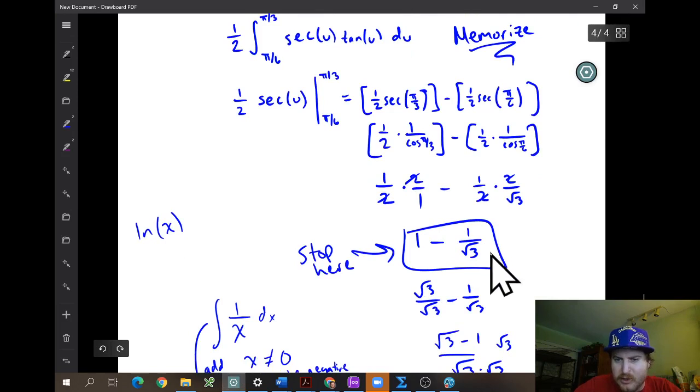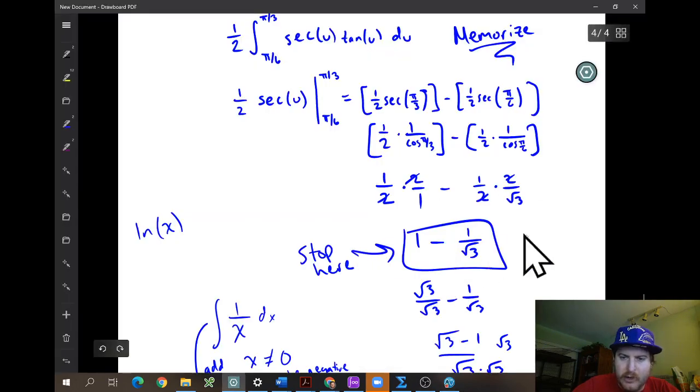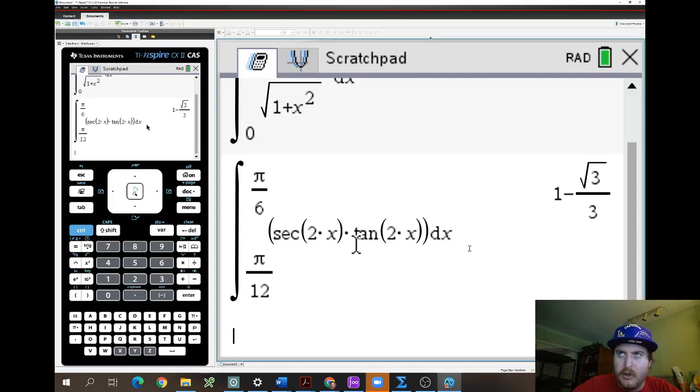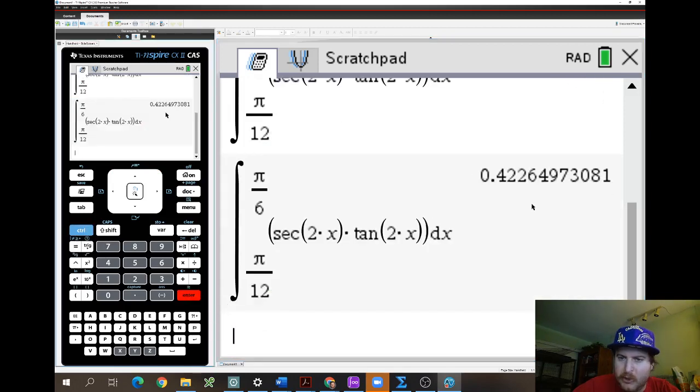Now, some of you might just be able to say, oh yeah, those are the same, I could rationalize it. But if you didn't realize that and you wanted to just check that it was the same, what you can always do is turn them into decimals. You're going to turn the answer your calculator gave you into a decimal, and then the answer that you did by hand, you're going to turn that into a decimal. The way that we do that is come back up here, bring that down and hit Control Enter to turn it into a decimal.